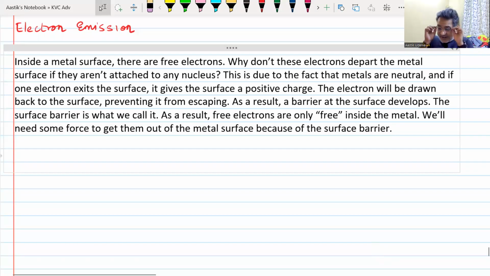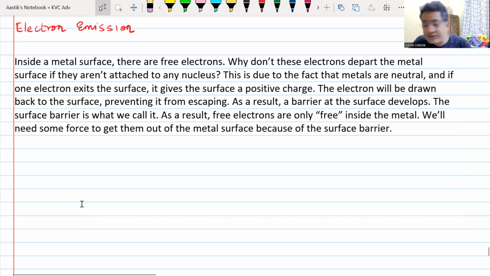Well, inside an atom, there are free electrons. They are free to move. Can they leave the metal surface and become actually free from the metal? This is the metal, iron, and all of a sudden electrons start jumping out from there. Can that happen?